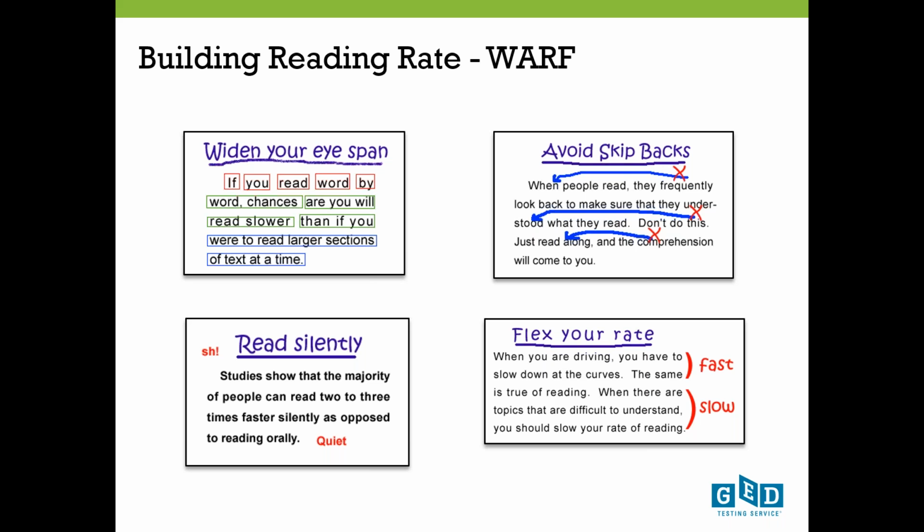The other thing is we want to make sure that they're reading silently and not mouthing the words, because that slows students down. And then also we need to let students know that you can flex your rate. Sometimes you're going to be moving faster, other times more slowly. So those are things that you need to keep in mind.